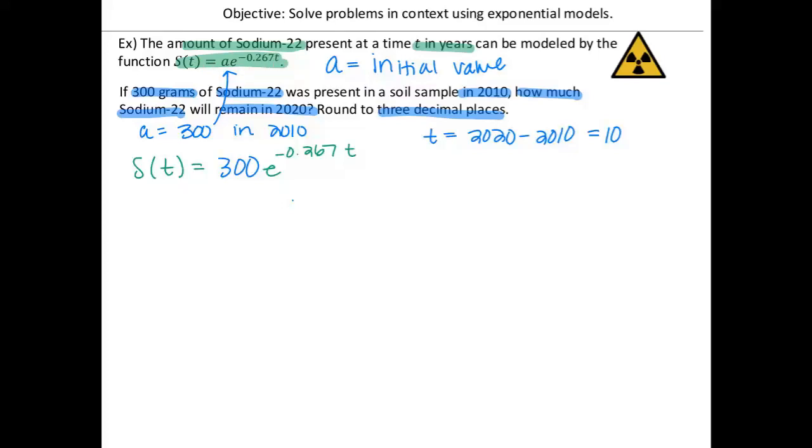Okay. So all I need to figure out is what t is. So my t in this case was 10. So now I'm going to plug in 10 for t. So my function is S of 10 is equal to 300 times e to the negative 0.267 times t, which is 10.